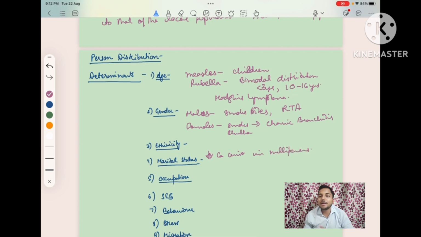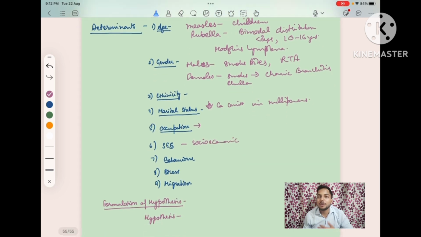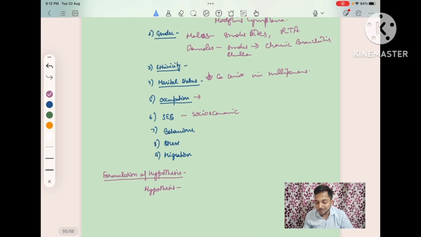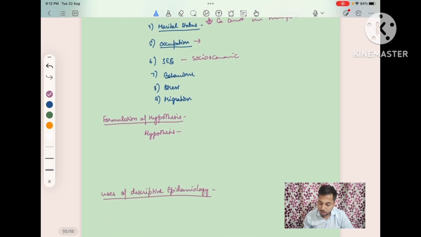So after you get married, the more the number of babies, the more the chances of CA cervix. Whereas various occupations expose you to particular kinds of diseases also. Then the socioeconomic status. Certain diseases are common in a particular socioeconomic status, whereas certain are common in other socioeconomic status. Similarly with behavior, stress, and migration.